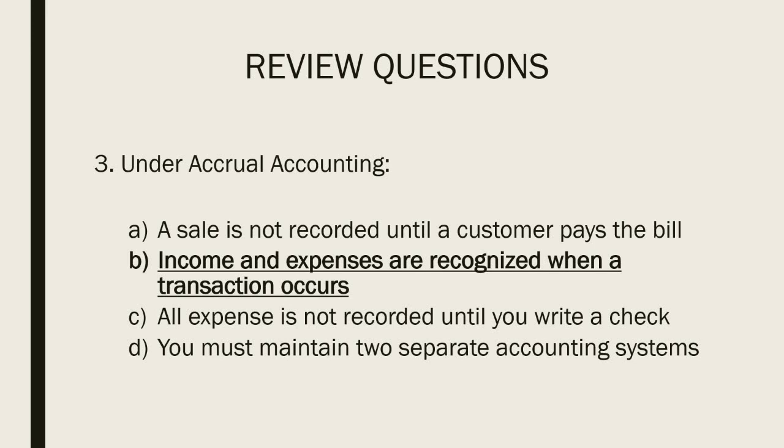The minute it happens is when you record it, and that's exactly what B's definition is, right? A says sales will not be recognized until cash is paid. No, that's cash basis. All expenses are not recorded until you write a check. That's cash basis. Right? And D, you must maintain 2 separate accounting systems. That has nothing to do with this at all. So in this case, B is the correct answer.